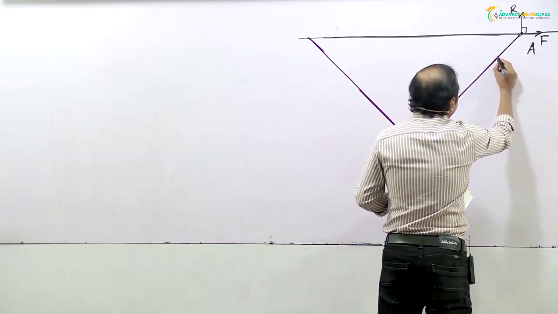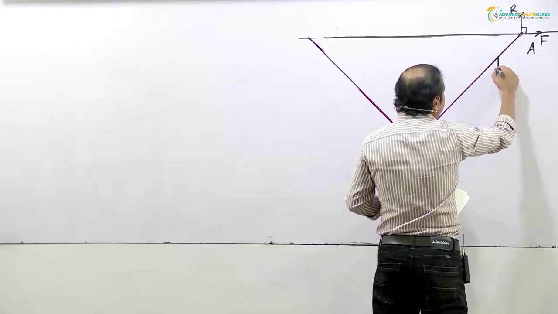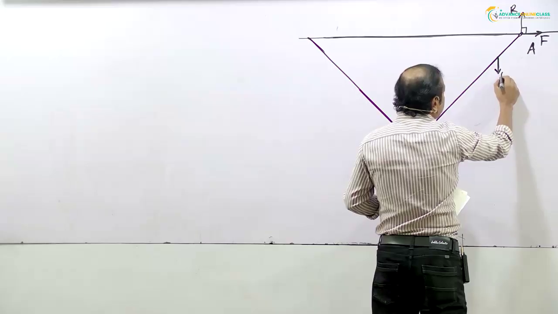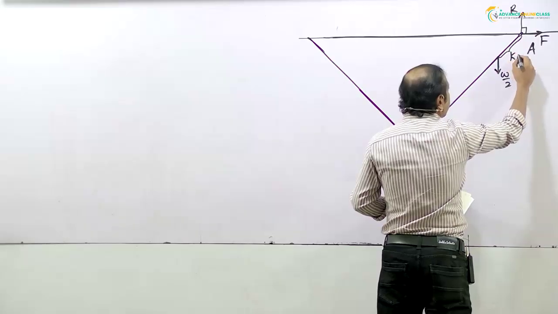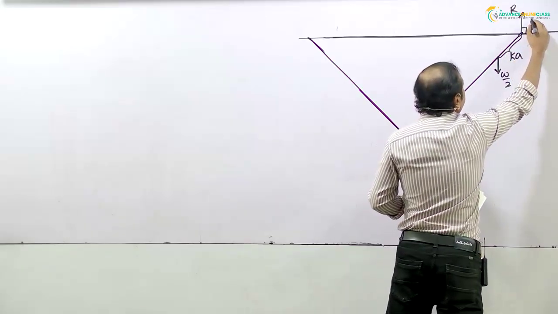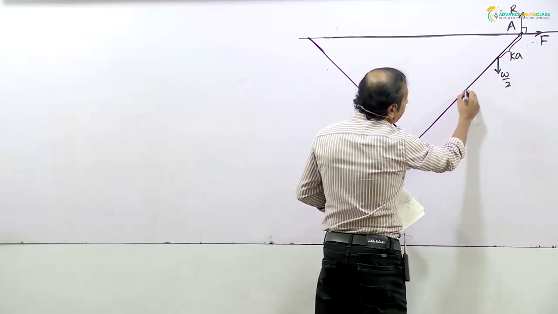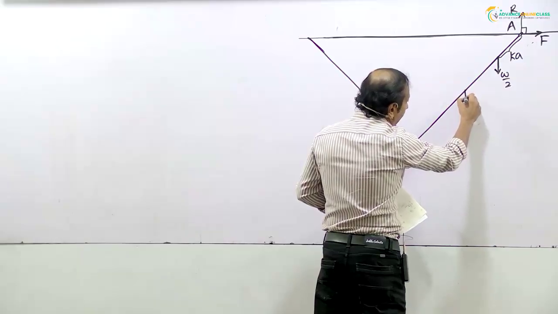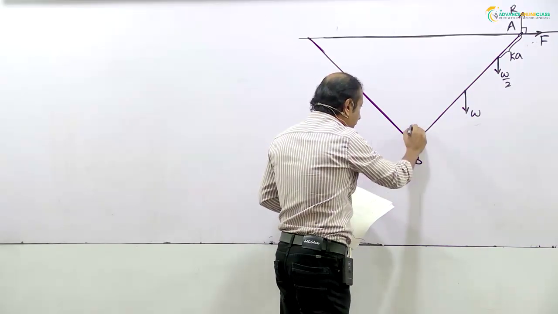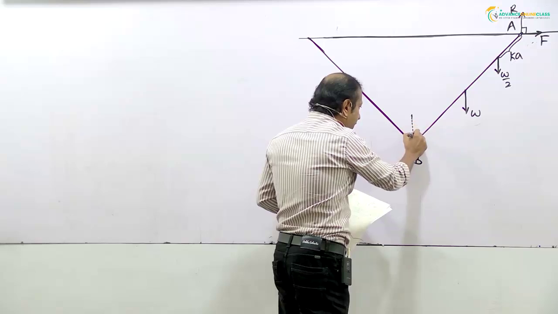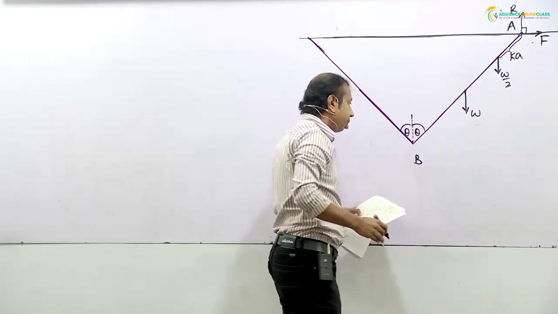The weight W by 2 is suspended at a distance ka from A. The uniform rod of weight W acts at the midpoint, with the downward vertical angle theta.